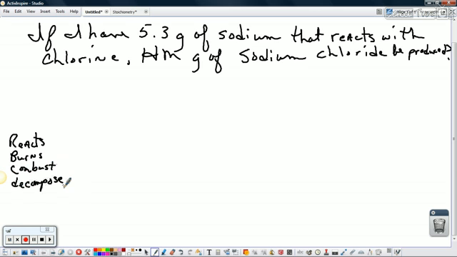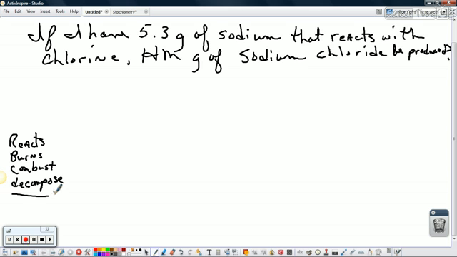These are things that would indicate there's some kind of reaction going on. It might say sodium burns with chlorine, or sodium synthesizes with. Synthesize would also be an indication.